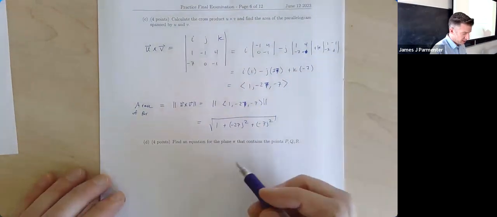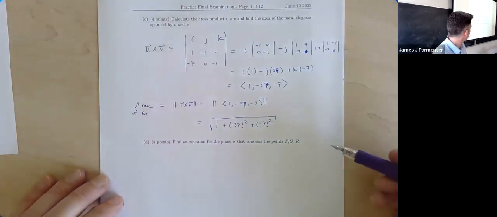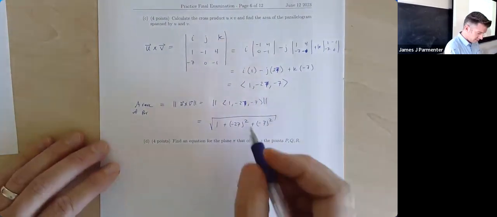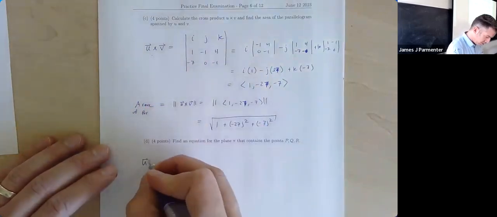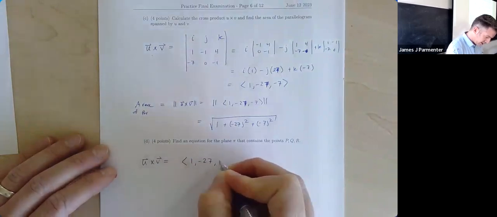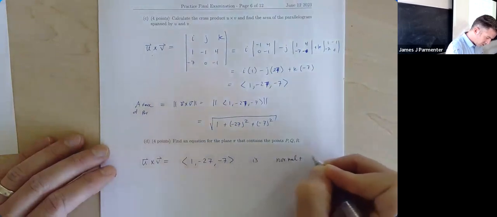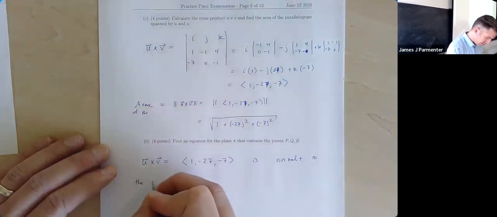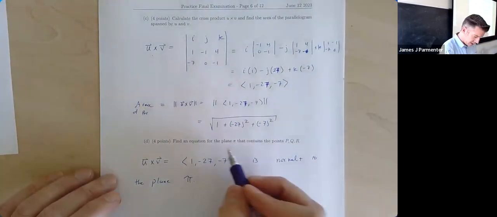Find an equation for the plane. Okay. You've already done all the work you need to find this equation. So we know that this vector u cross v, equal to 1, -27, -7, is normal to the plane pi. Pi is just the name that he has used, right?